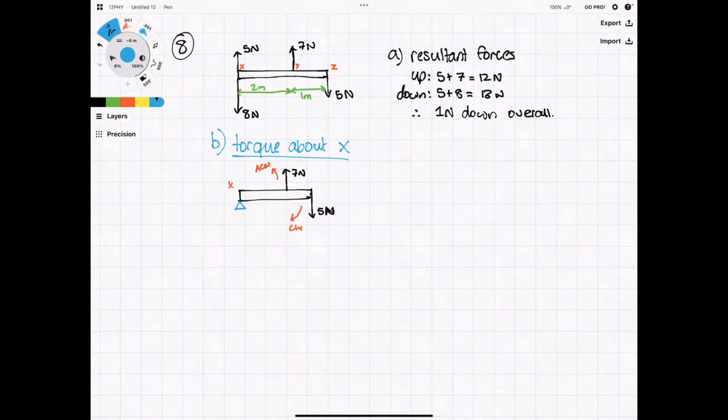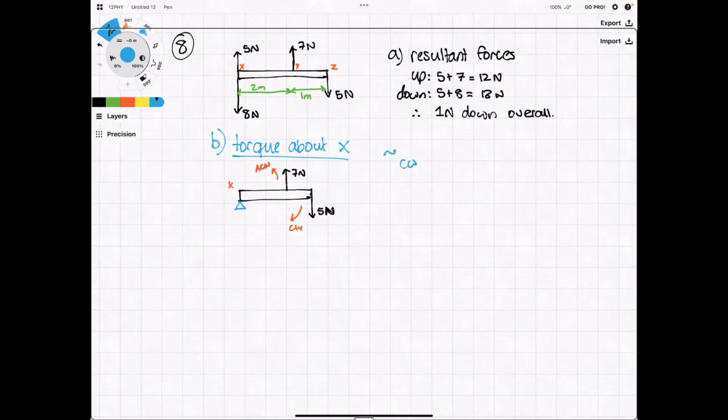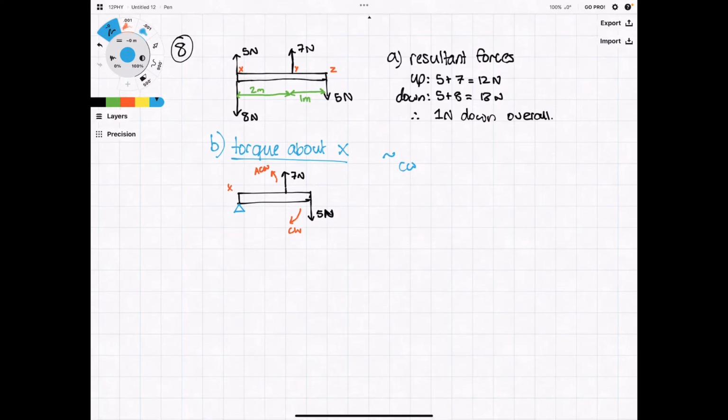If we work out clockwise first, clockwise torque equals 5 newtons, force times distance, it's at distance 3, equals 15 Newton meters clockwise. And then torque anti-clockwise.